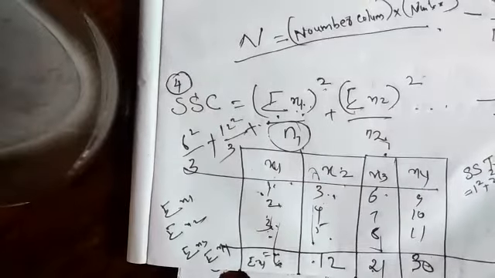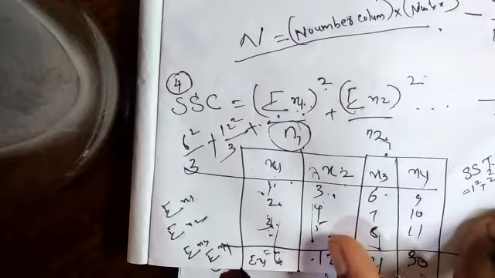So this is the fourth step. First you find the T value. Next you find the SST value. Next you find the SSC. Next SSE. SSE equals SST minus SSC.